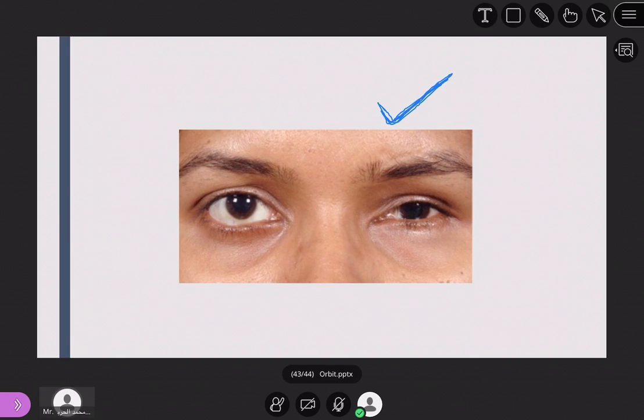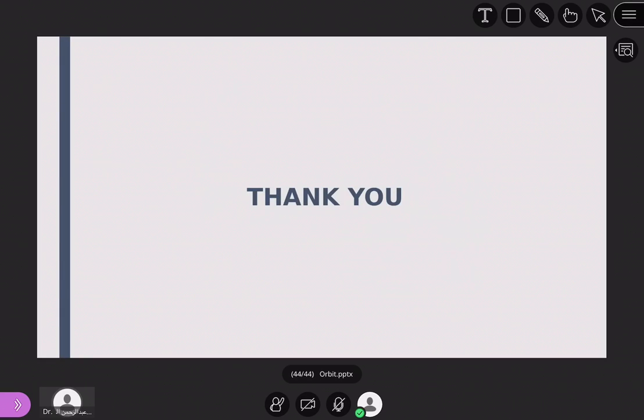If the patient has a blowout fracture, the floor will be fractured and the globe will go just down and in. So this is enophthalmos. This is the normal eye. This is enophthalmos. The eye is inwardly displaced. That's it. Any questions?